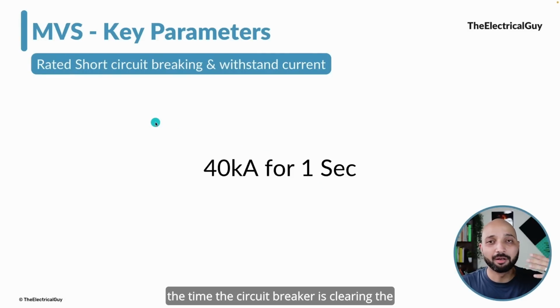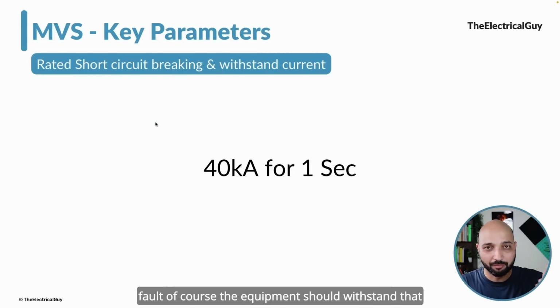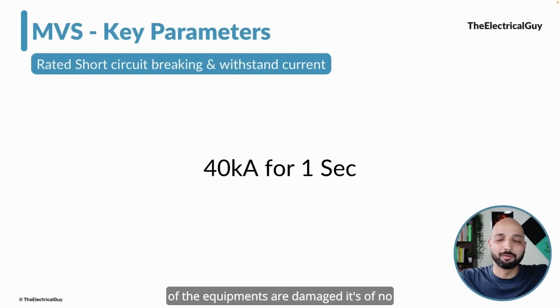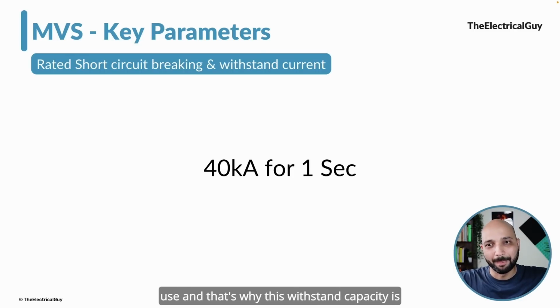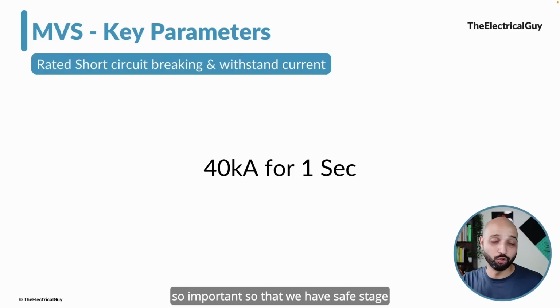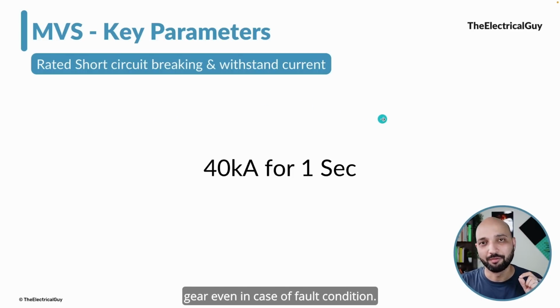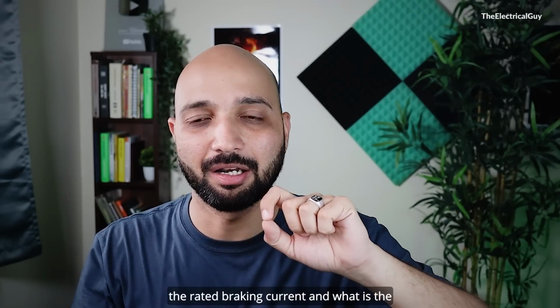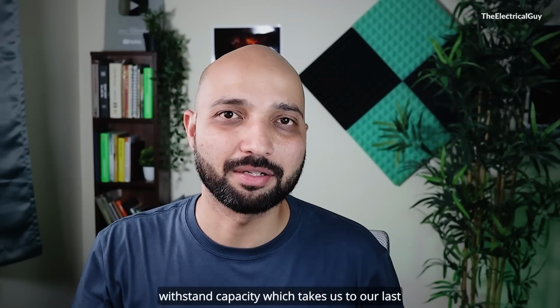Because by the time the circuit breaker is clearing the fault, of course, the equipment should withstand that fault. Otherwise, breaker cleared the fault, but rest of the equipments are damaged. It's of no use. And that's why this withstand capacity is so important, so that we have safe switchgear even in case of fault condition. I hope you are clear on what is the rated breaking current and what is the withstand capacity.